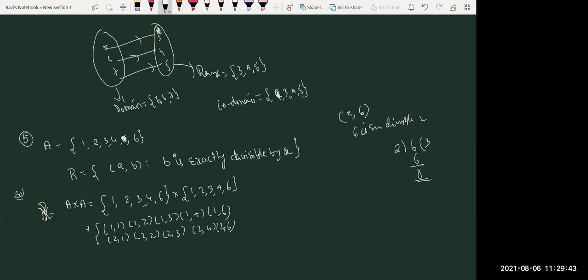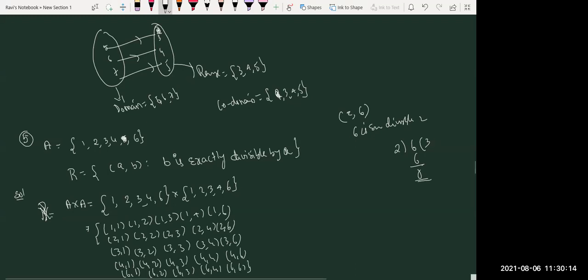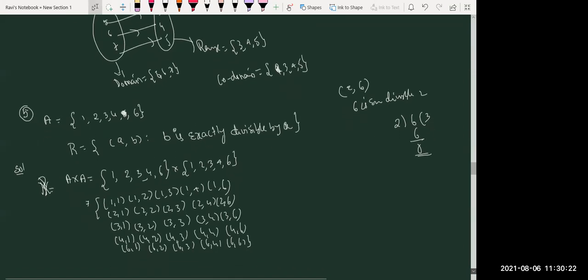Correct or not? 3 comma 1 and so on, then 4 comma 1, 4 comma 2, 4 comma 3, 4 comma 4, 4 comma 6, and 6 comma 1, 6 comma 2, 6 comma 3, 6 comma 4, and 6 comma 6. Now among all these ordered pairs, only some will satisfy our condition. That is the relation we have to find here.